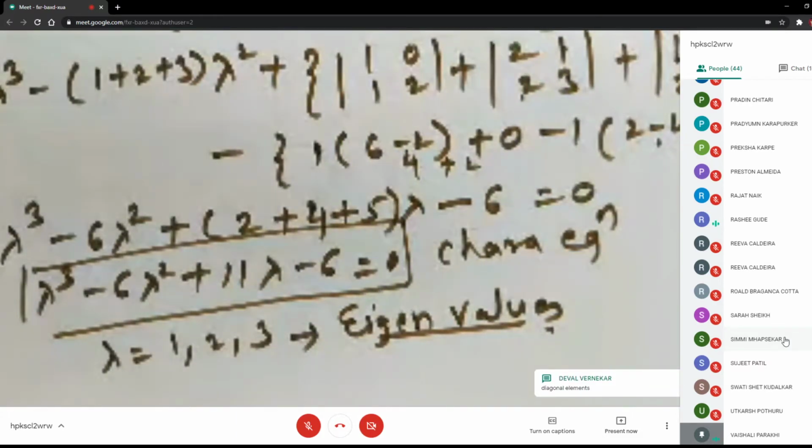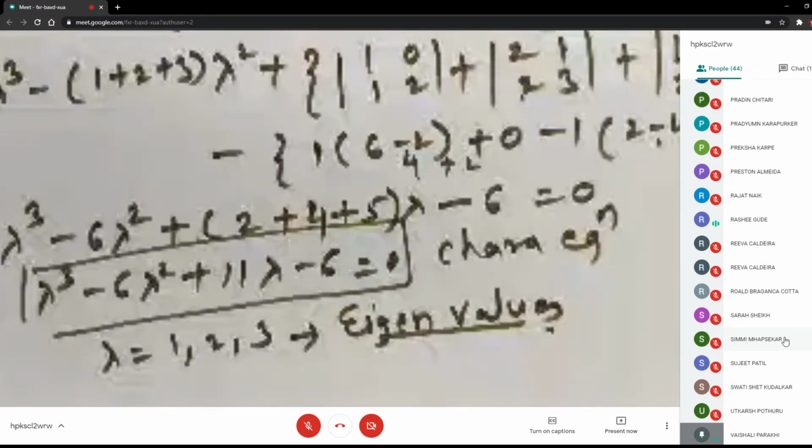Yes, ma'am, it is the sum of diagonal elements. Sum of diagonal elements should be the same as what? Sum of eigenvalues.